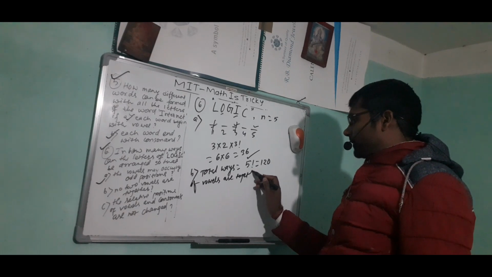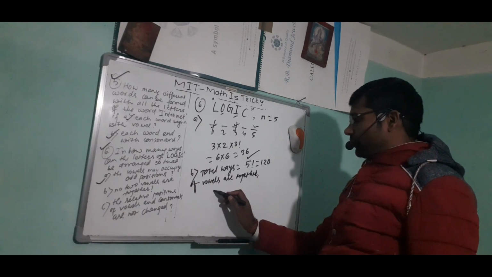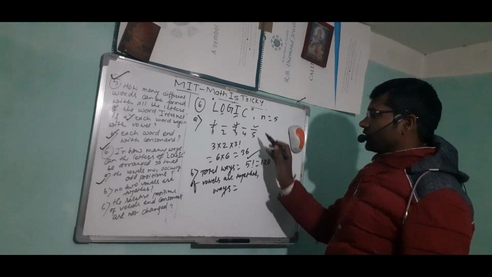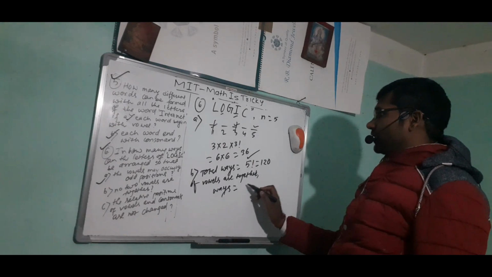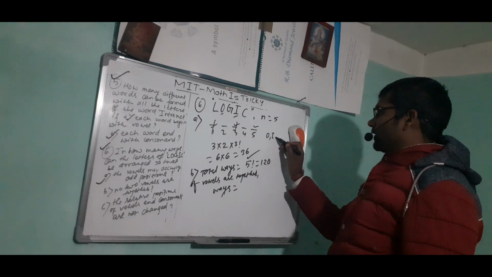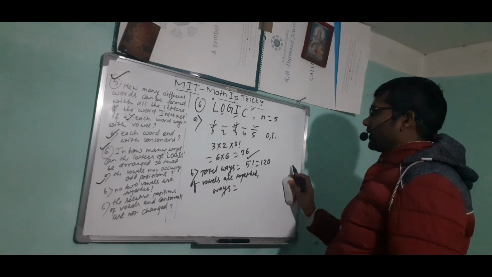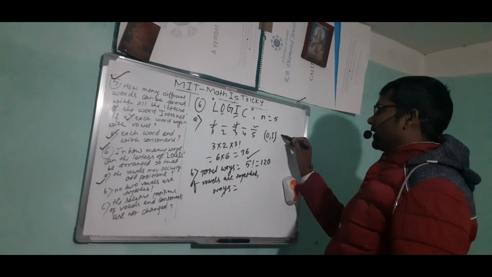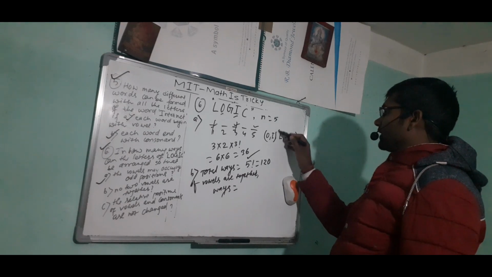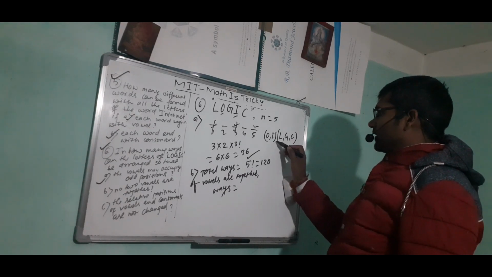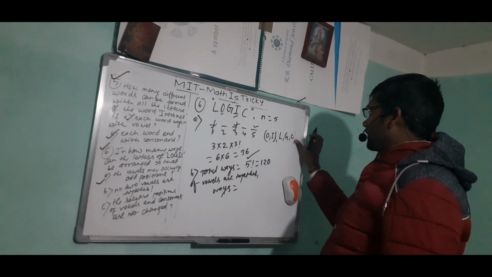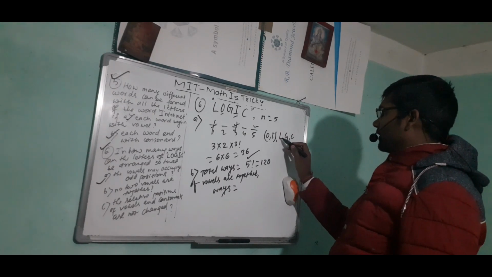Vowels together means we put O, I together, and then L, G, C. If these two are together, then it will be 1, 2, 3, 4 units.